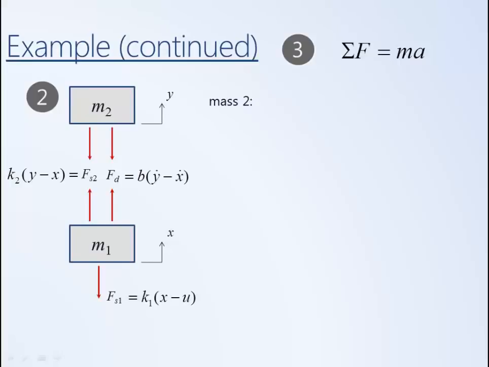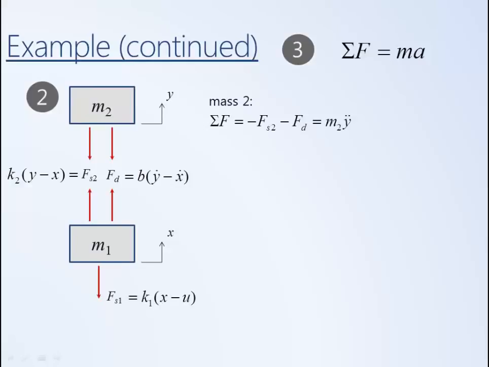So the two forces will be negative Fs2 and negative Fd, equal to mass times acceleration, where in this case the mass is m2, and the acceleration of the block we can express in terms of y. So if y is its displacement, then its velocity will be y dot, the derivative of its displacement, and its acceleration will be y double dot, the derivative of its velocity.